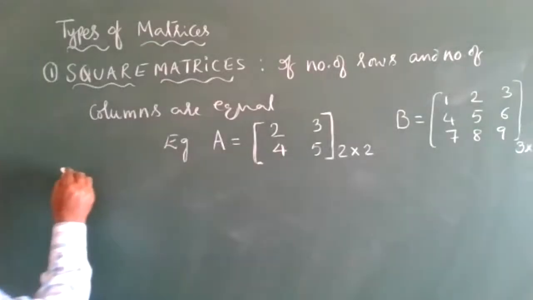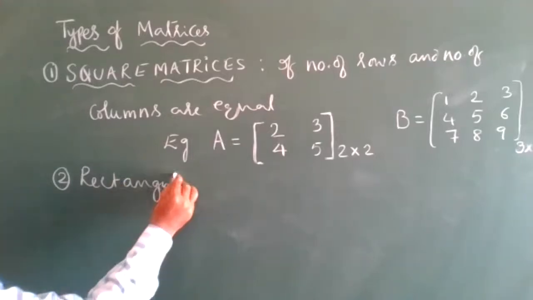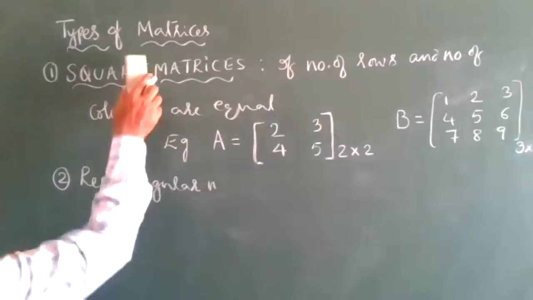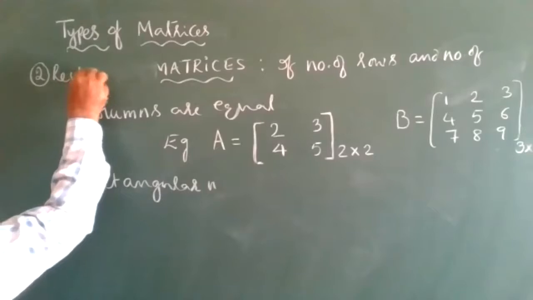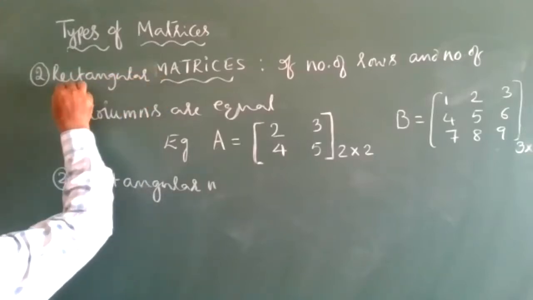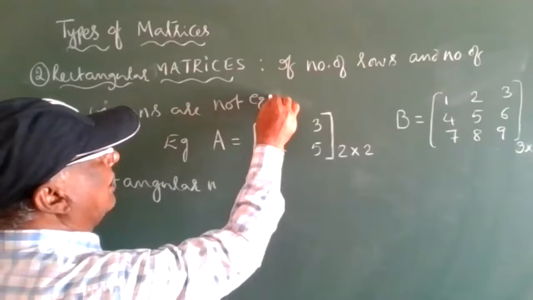The second one is the rectangular matrix. What is a rectangular matrix? Rectangular matrix means the number of rows and the number of columns are not equal.